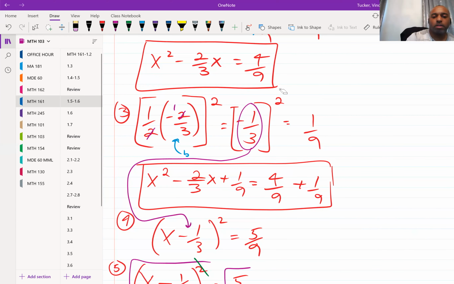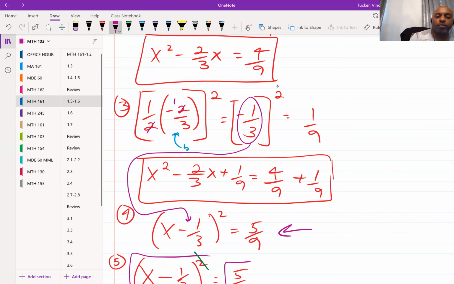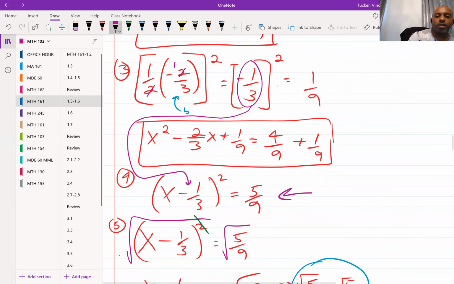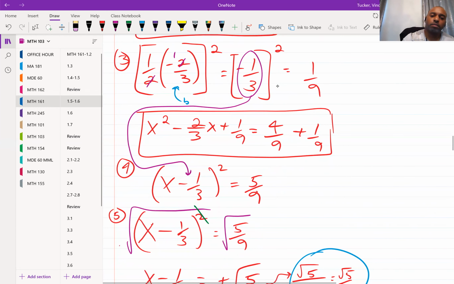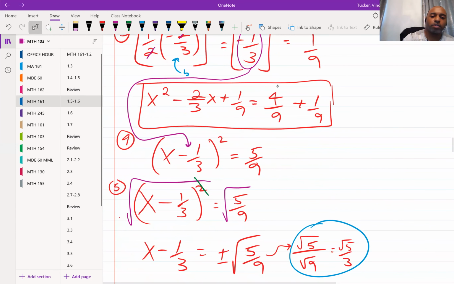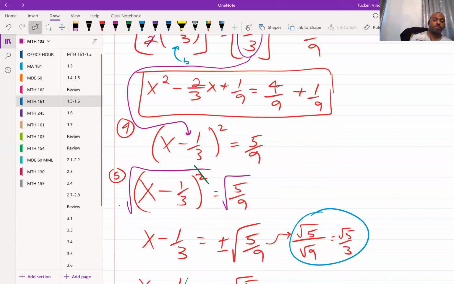All right. So now once you're in this position, we can go ahead and take the square root of both sides to get the square off of the parentheses. That allows the square to cancel. That gives me X minus 1/3 equal to plus or minus square root of 5/9.